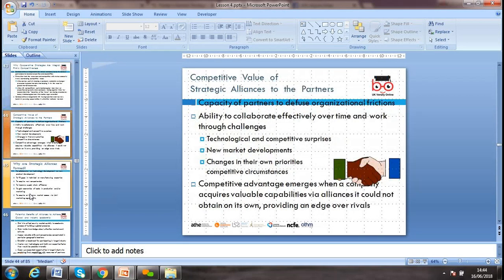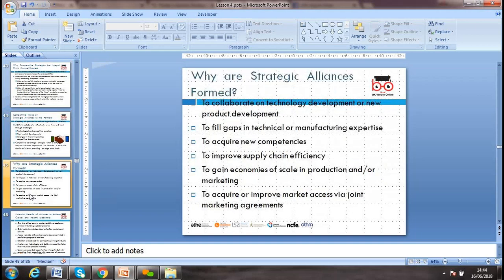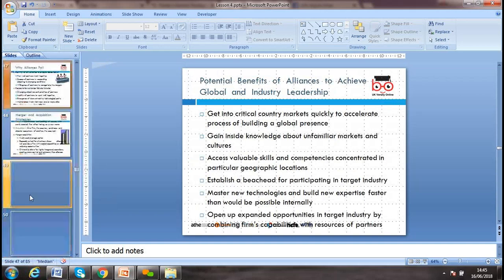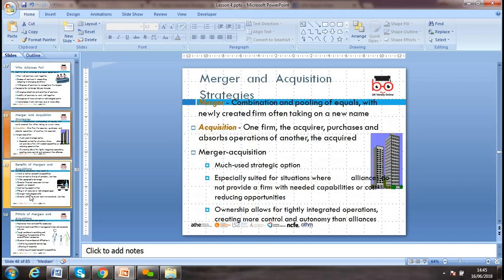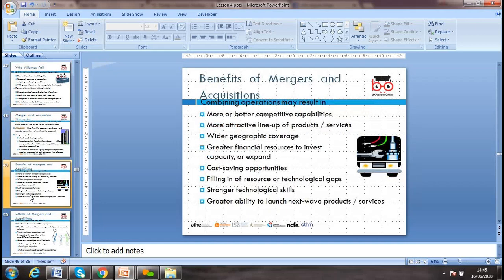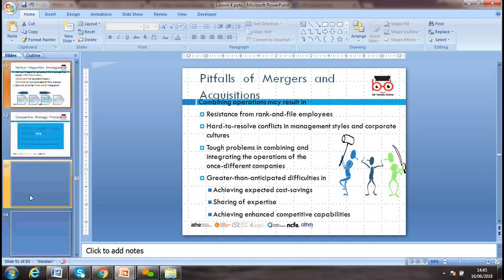So all this will create a competitive advantage. Strategic alliance is a partnership, and this is all about the strategic alliance. Alliance failure can sometimes happen. Acquisition means totally taking over other companies. That can be a benefit of merger and acquisition, but some have drawbacks as well.